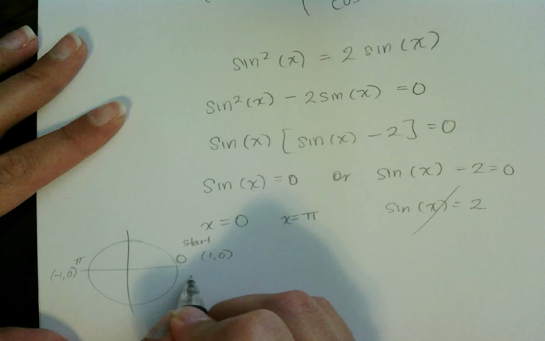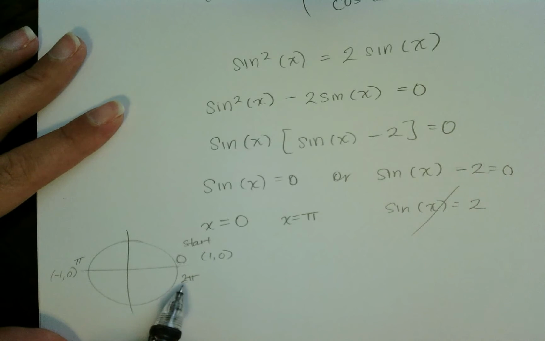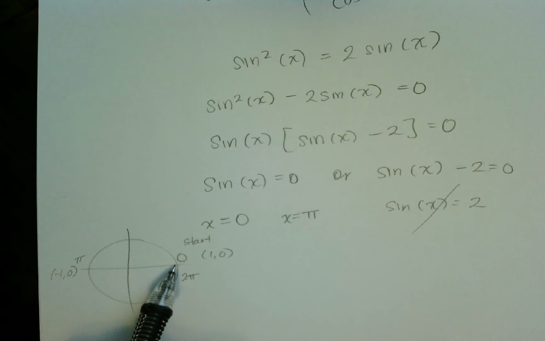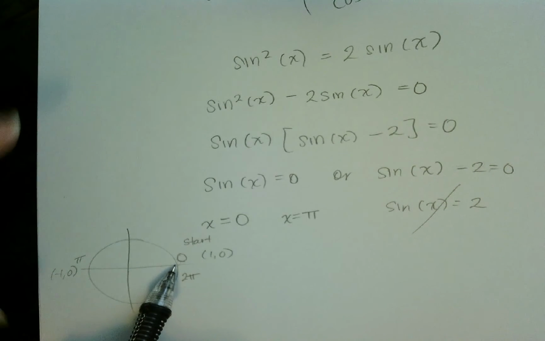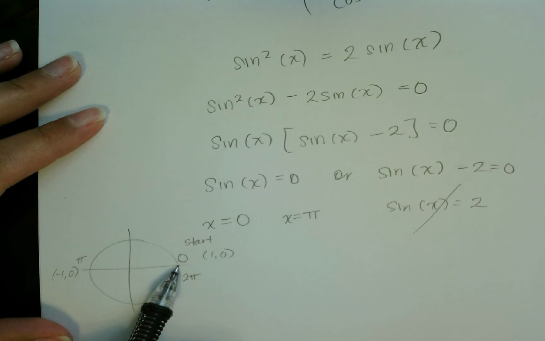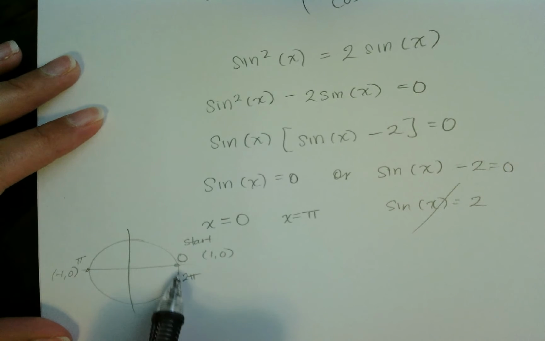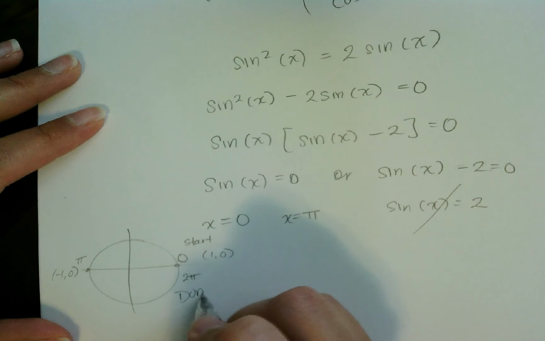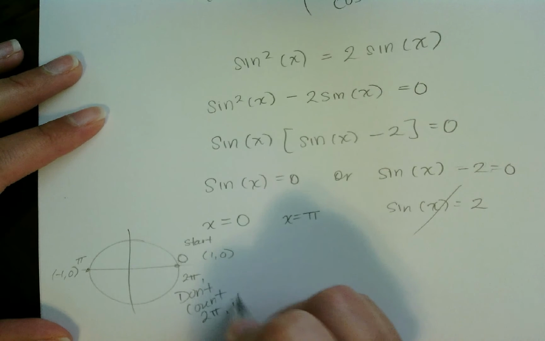When you go around to 2 pi, one lap does not count 2 pi. One lap starts at 0, and it's not included the second time, because then you're counting the same solution twice. So it'd just be 0 and pi? Yeah, you only count each spot once. This spot got counted when you started, so you don't count this spot twice.